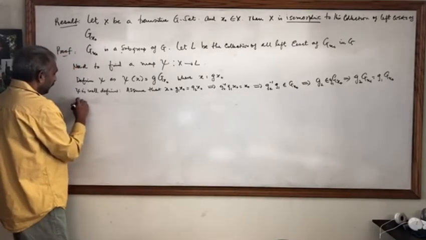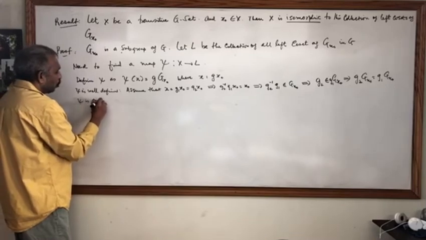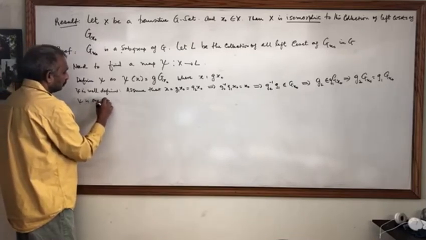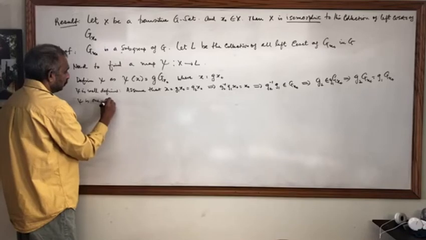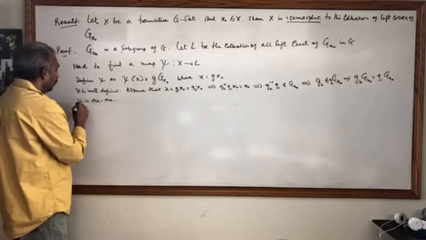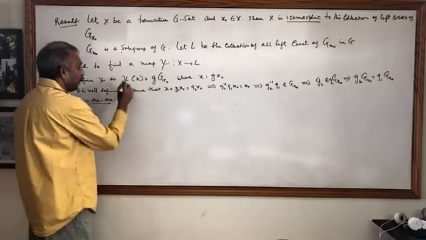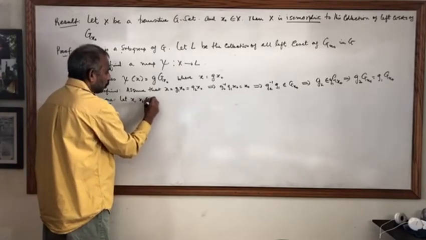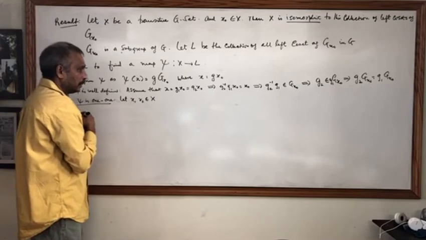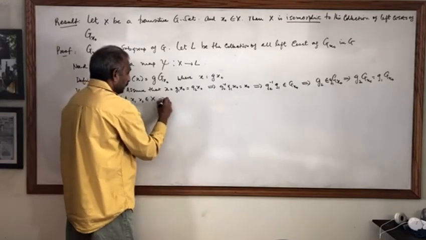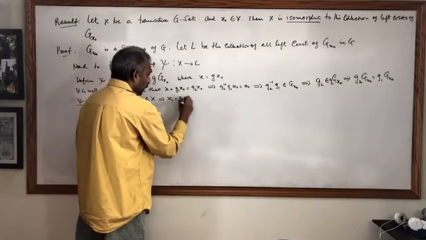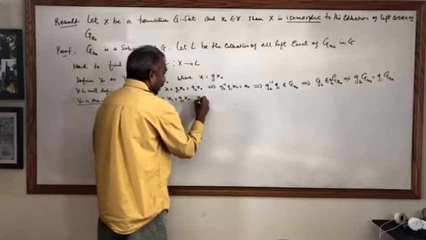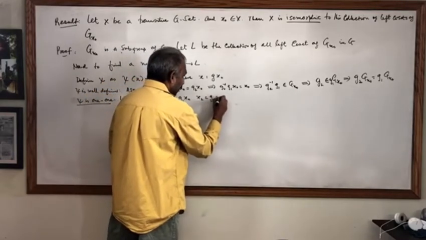Now psi is 1-1. For that, we'll take two elements. Let x1, x2 belong to X. That implies x1 is equal to g1x0, x2 equal to g2x0.